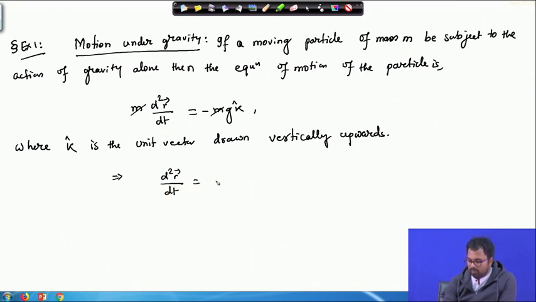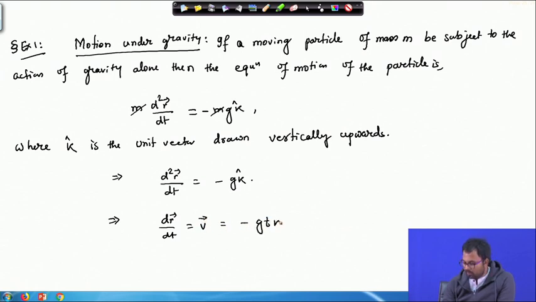Now, if we cancel m from both sides, then d square r by dt square equals minus g times the vector k. If I integrate both sides, dr by dt, which is our velocity v, equals minus g t k plus some constant vector b.